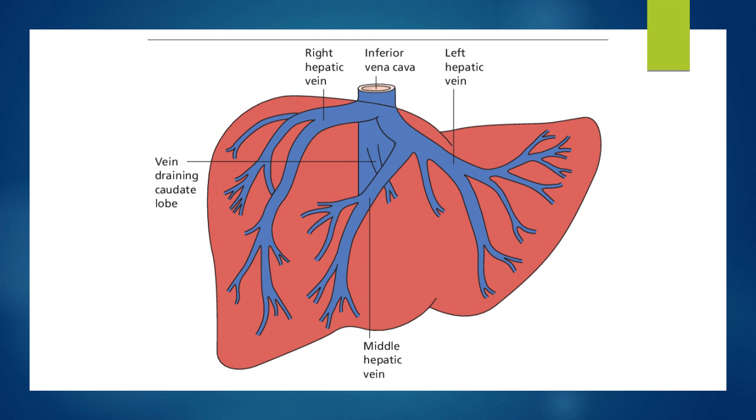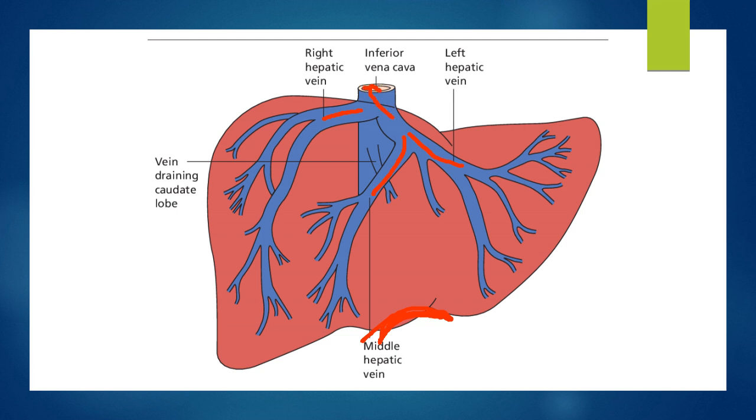So if we're trying to find them, we always want to be looking more upward towards the superior border of that liver. So here we can see our left hepatic vein, our right hepatic vein, and then the middle hepatic vein here, draining with that left, and then all three go into our IVC, which will dump right back into our heart.